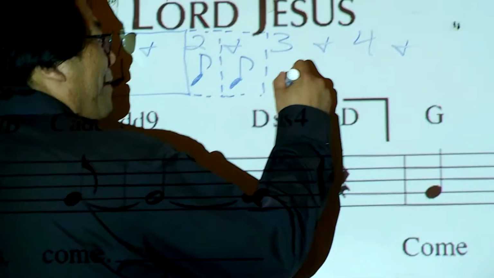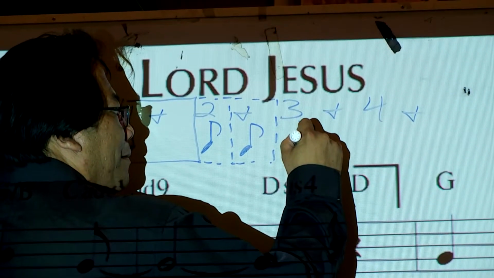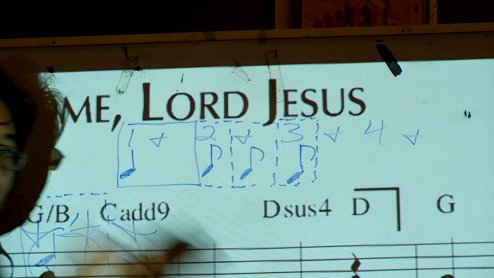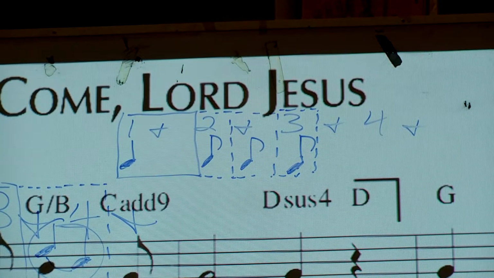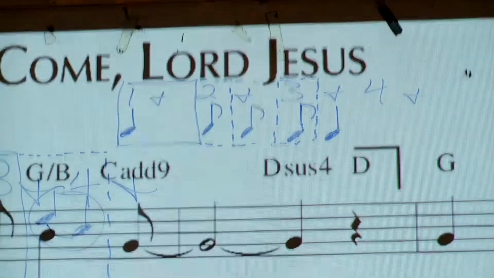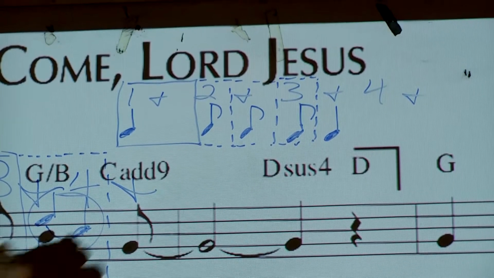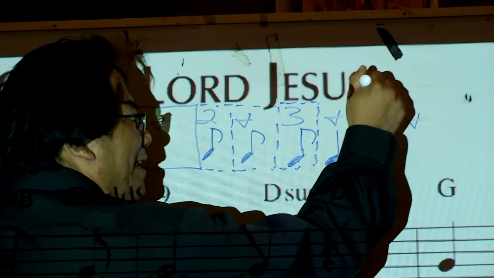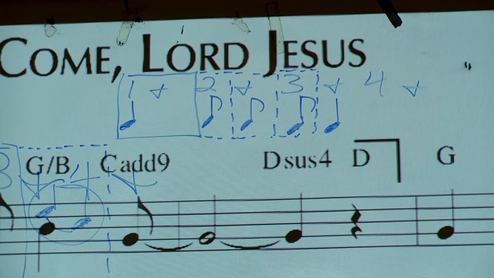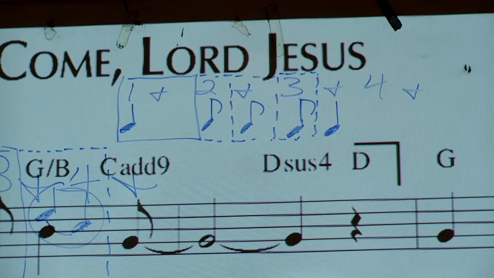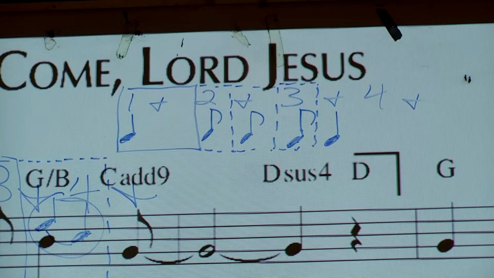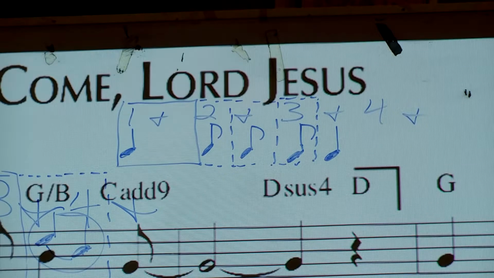What if I put an eighth note here? Right? So it covers the first half of 3 only. Right? And I put a quarter note. And a quarter note is a whole beat. So when you start on the and of 3 and end right before 4, is that correct? No, because from the and of 3 to 4 is only half of a beat.